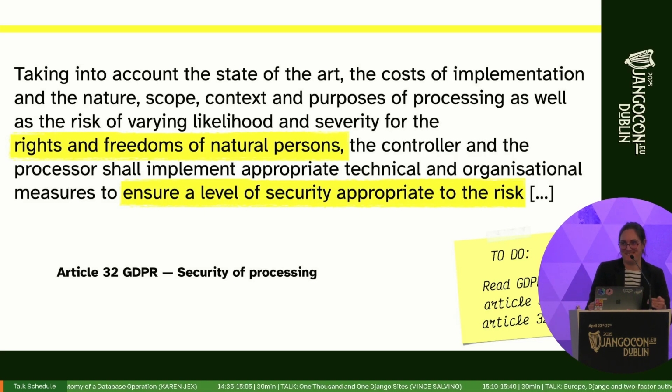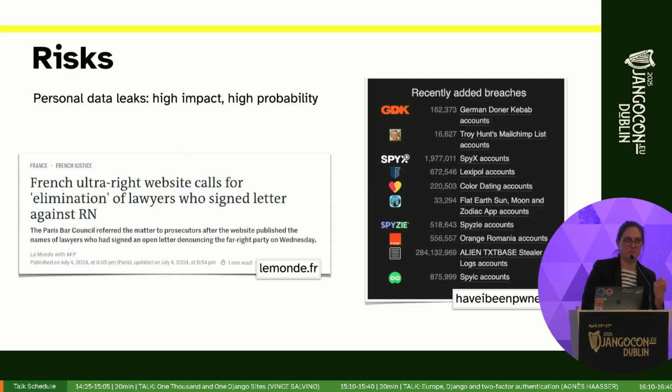What are the risks? A risk is a combination of probability and an impact. And when we talk about personal data leaks, probability is very high and impact is high too.